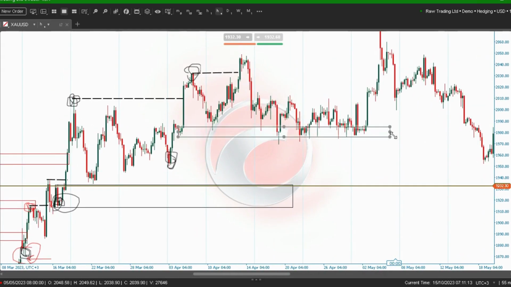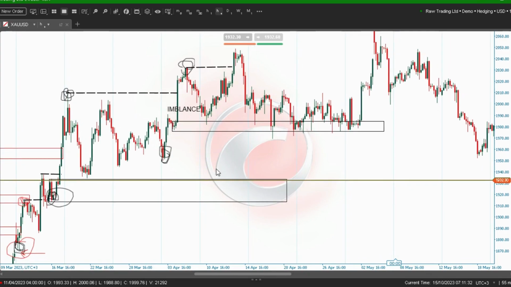Like in this zone, you can see the candlestick which is here, there was a lot of imbalance here. So there was massive volume of buying pressure. There was a lot of buying pressure here, which led to this break of structure. So this is an area to watch.